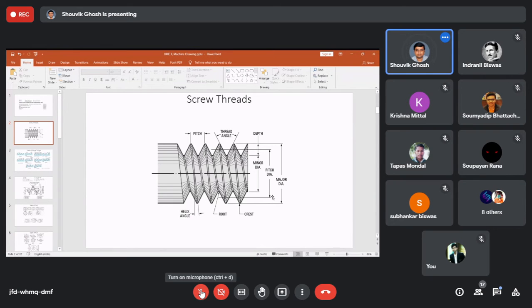So these are some of the nomenclatures for thread. You can have more, such as lead, that is the distance a screw advances axially in one turn. That means if we turn the screw by one rotation, then the amount it will move in front or back is the lead of a screw. Okay.